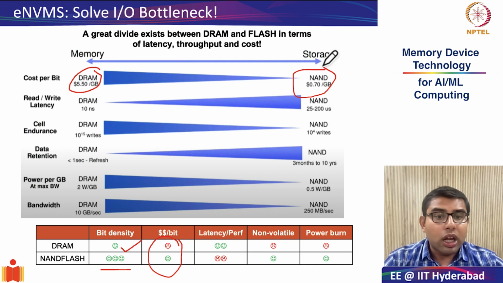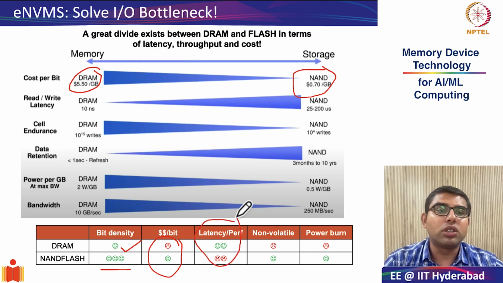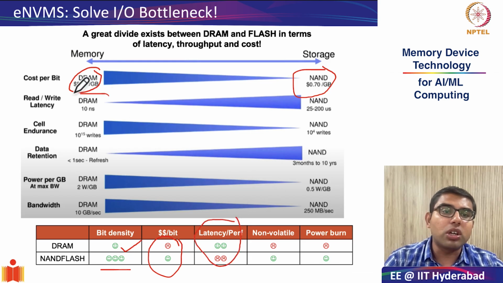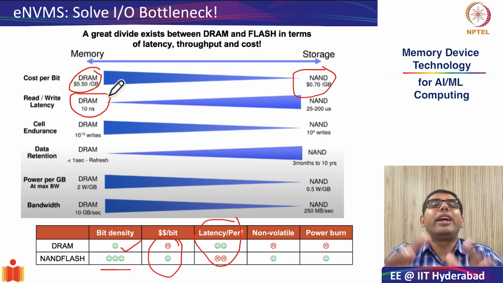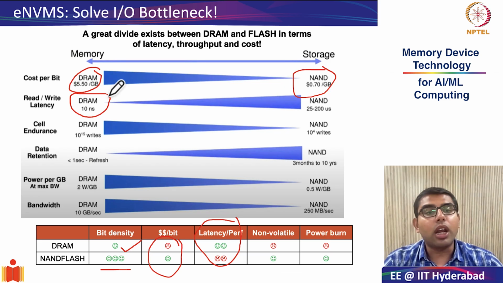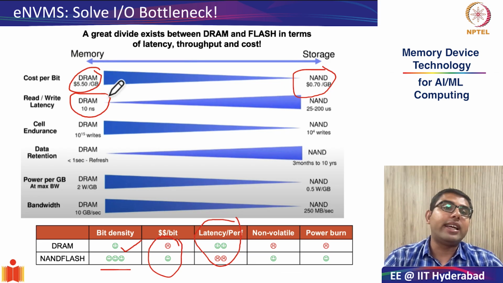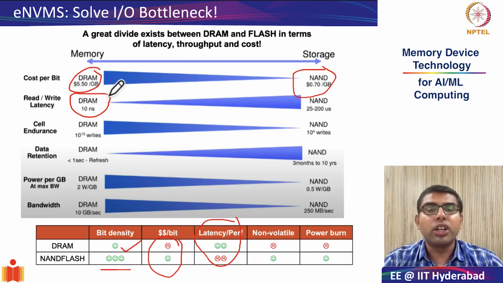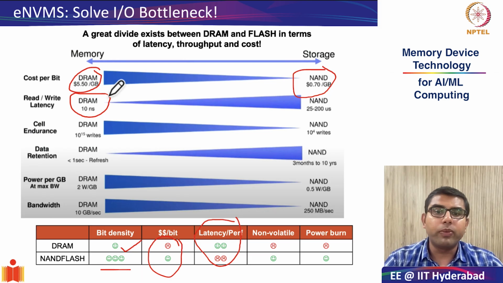Okay. But where NAND flash really suffers is latency and performance. We see that in DRAM subsystems, at least at the internal subsystem level, we can achieve read and write latencies in the orders of tens to maximum hundreds of nanoseconds.